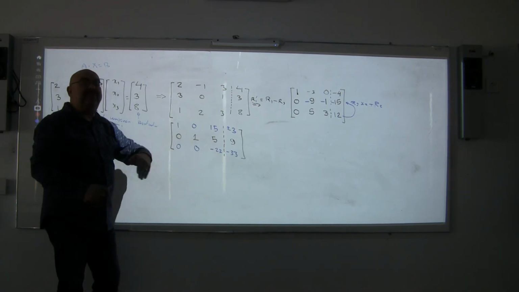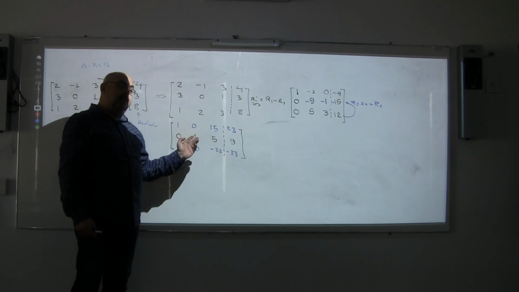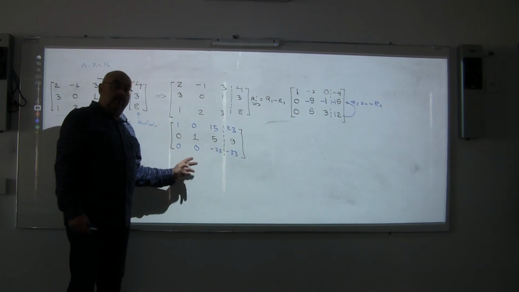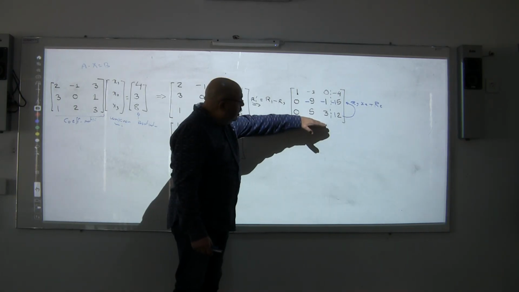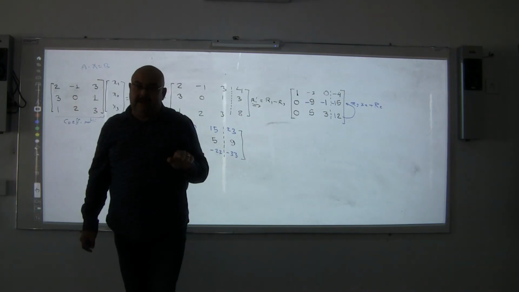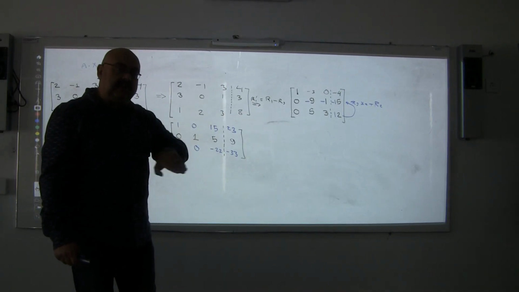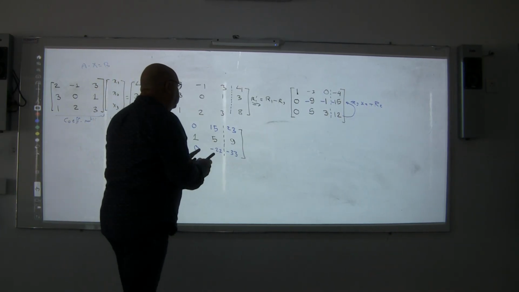If you multiply any of the rows above by something and add it to this row, you will destroy these zeros. So if I want to add something, I usually do it from bottom to the above rows. Meaning if I am multiplying by a number and adding, I work from the bottom upward, not from top to bottom. Top to bottom will destroy the zeros that you got. Okay, let's go to the next step.